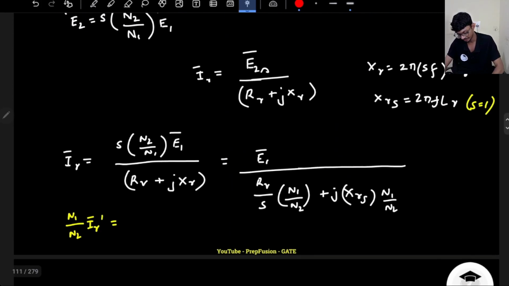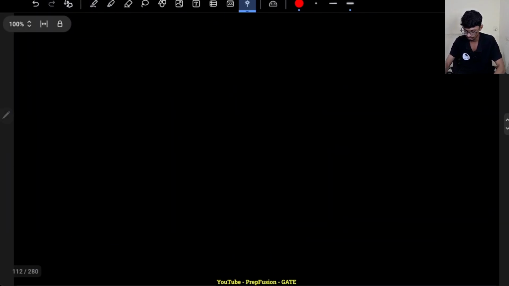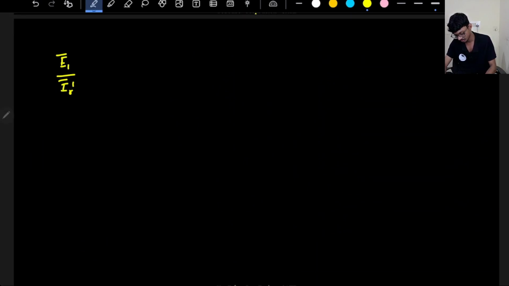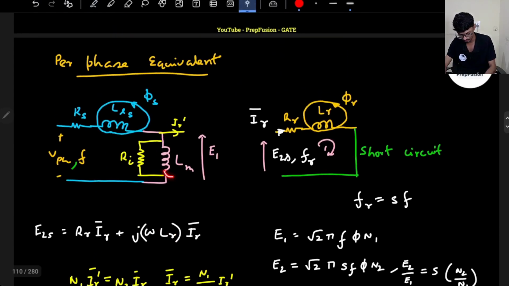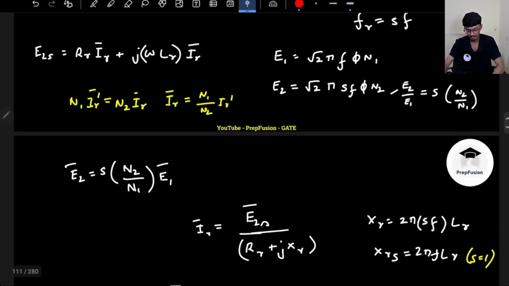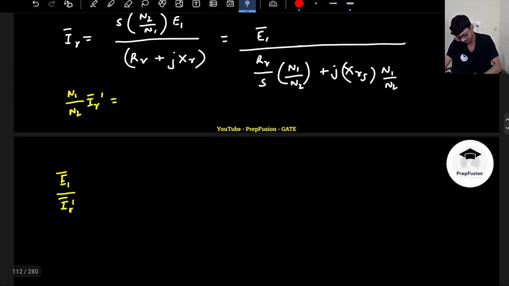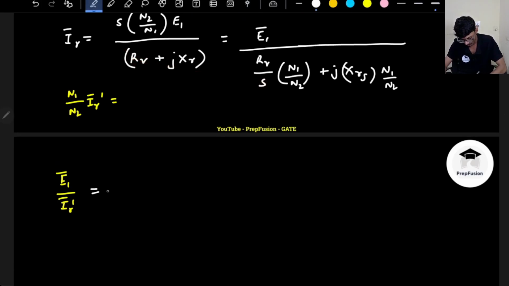Basically I want to find the value of E1 divided by IR dash, because here if you observe, I have E1 and I have IR dash. If I find the ratio between these two, that will be the equivalent impedance. So this will go on the left hand side, so N1 by N2 will be multiplied.